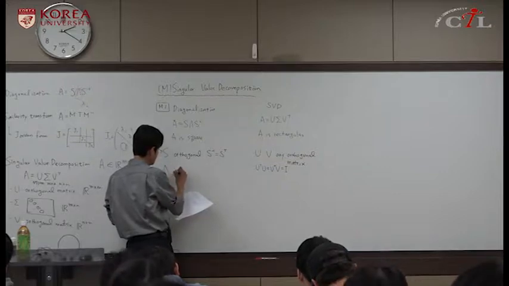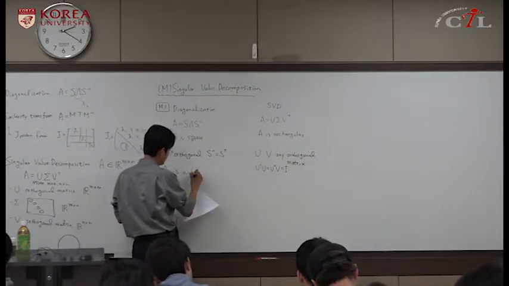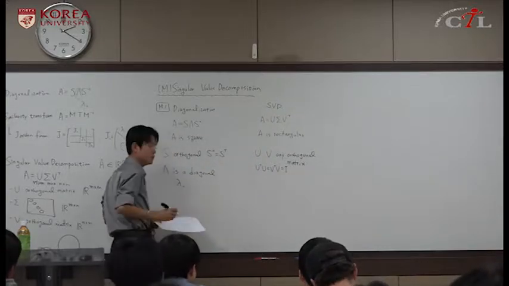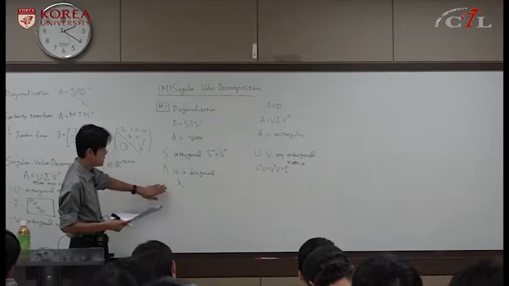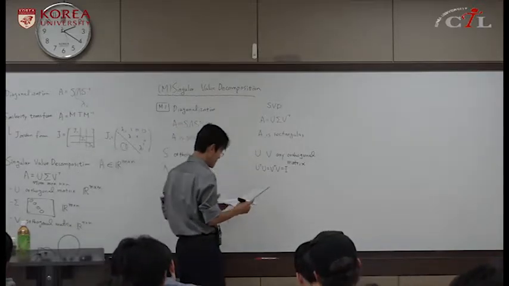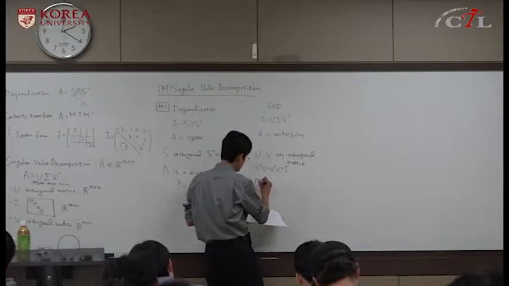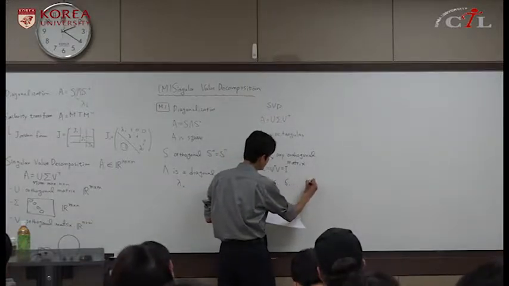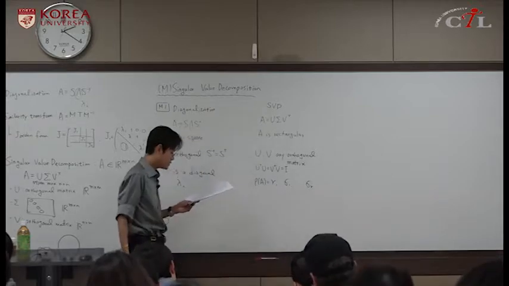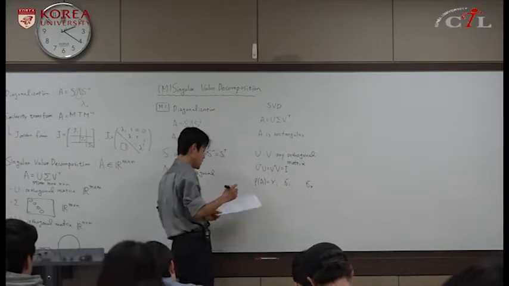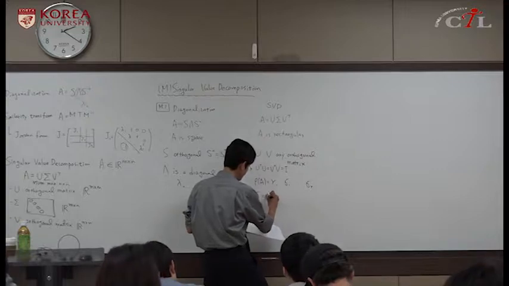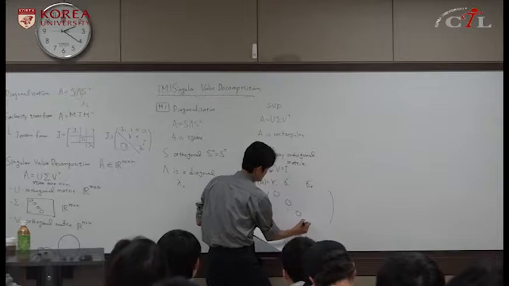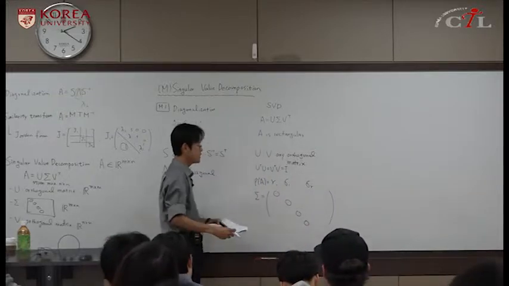And lambda is a diagonal matrix with lambda i on the diagonal position. Diagonal components are lambda i. And here, if the rank of A is r, then we define r singular values. We have r singular values, and they go to the diagonal part of sigma. Sigma is a rectangular matrix, so they go on the diagonal part, here, here, here, here, if its rank is 4.